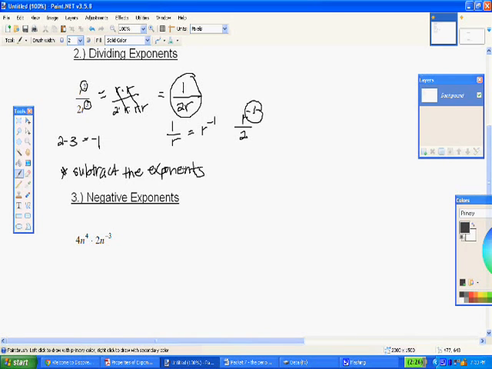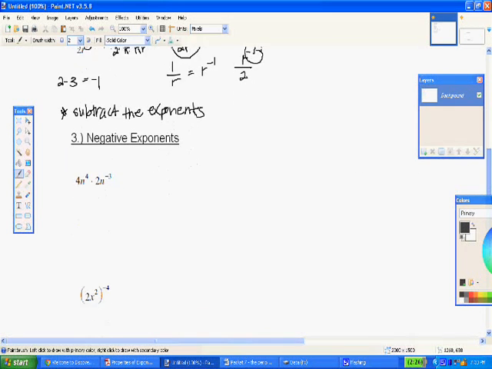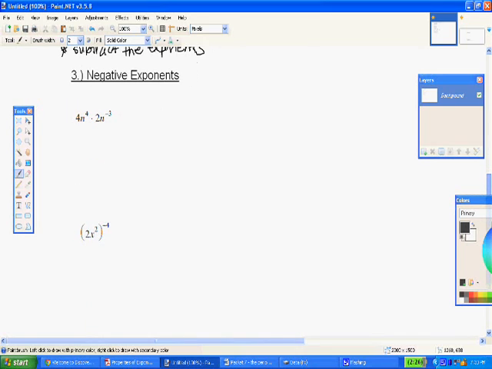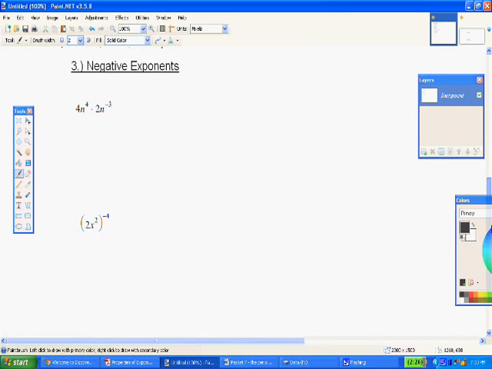Okay. Now, what happens when you have negative exponents? What do you do? And we've kind of already talked about this, but I'm going to go over it again. Go ahead and copy down this problem. We have 4n to the 4th times 2n to the negative 3. So I'm going to keep 4 times n to the 4th the way it is, since it's a positive exponent.